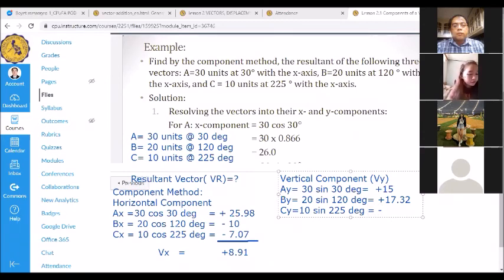I think that's negative. Negative what? 7.07, sir. Negative 7.07. And what's our next thing to find? Your Vy, no? That is the sum of them.